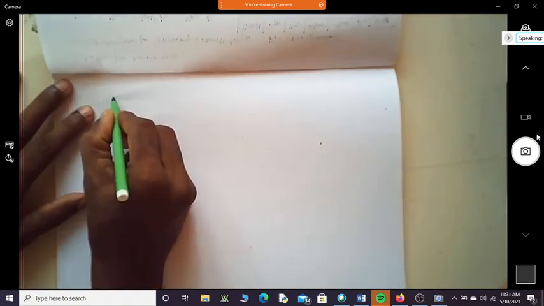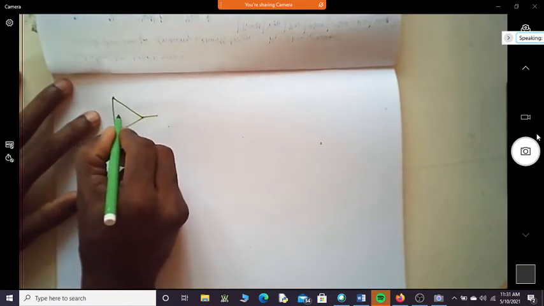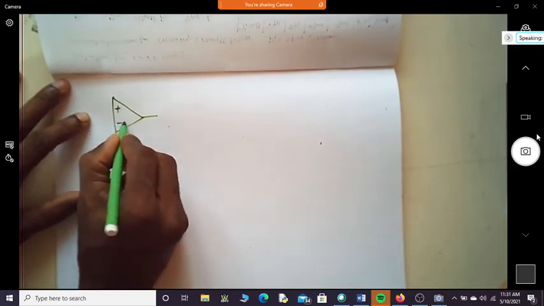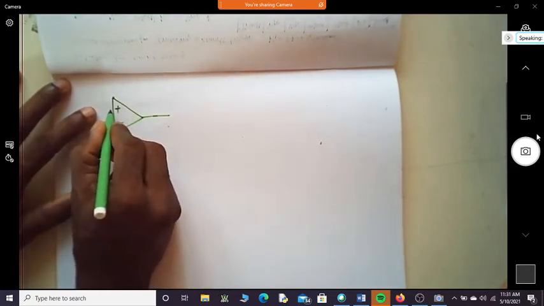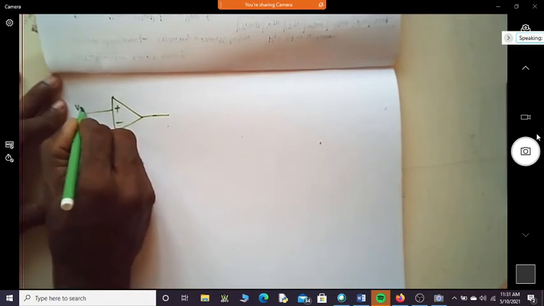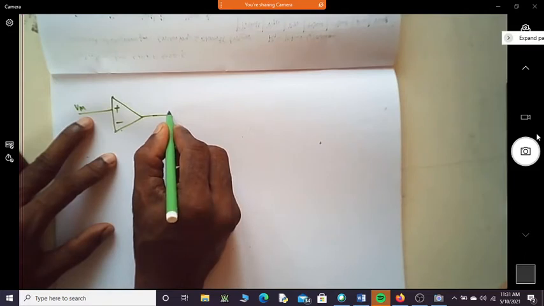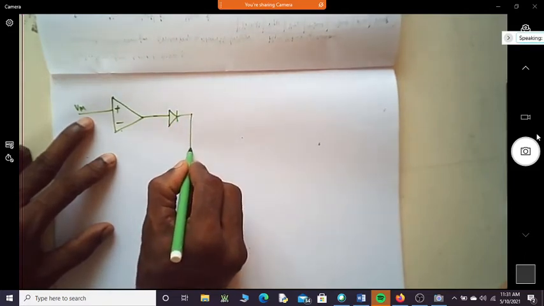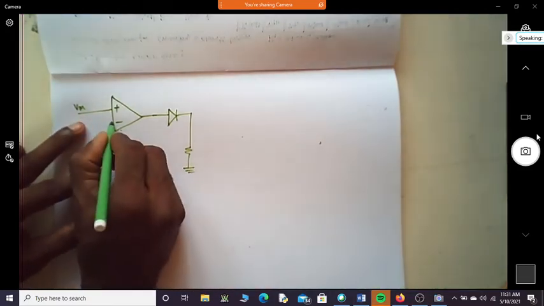Okay. This is how it goes. You have, let me just write this as plus minus. You will have the input voltage that is applied here. Let me just have this as the direction of the diode. Please don't try to mug up the things.